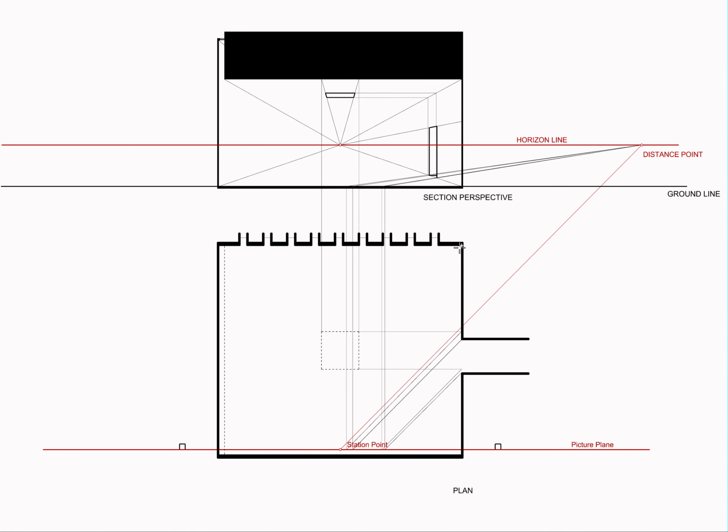Okay, so then the last thing we're going to do is we're going to find the end of the room. Okay, so we're going to come back to our picture plane, project upwards to our ground line, to our distance point, straight up. Okay, and same with this one here. We're going to just do the exact same thing. I'm going to have to just project over a little bit more.